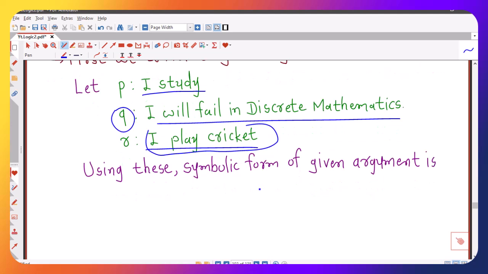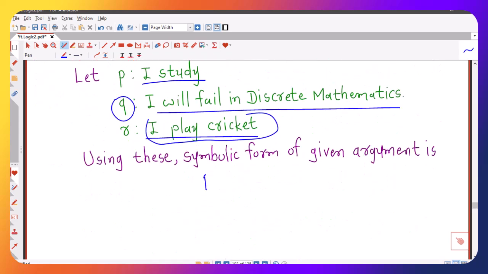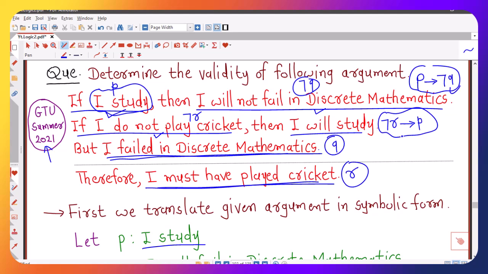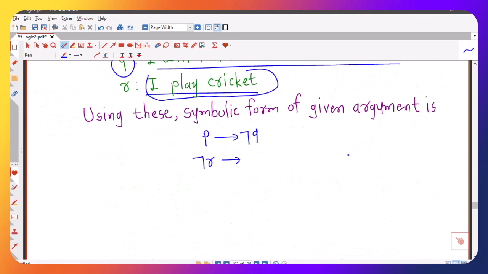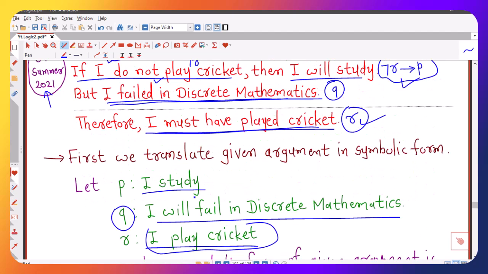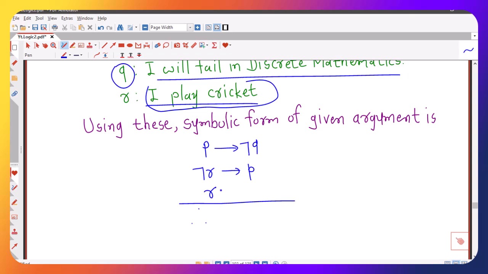So using this, the symbolic form of the given argument can be written as: p implies negation q, negation r implies p, and q as premises, and the conclusion is r.